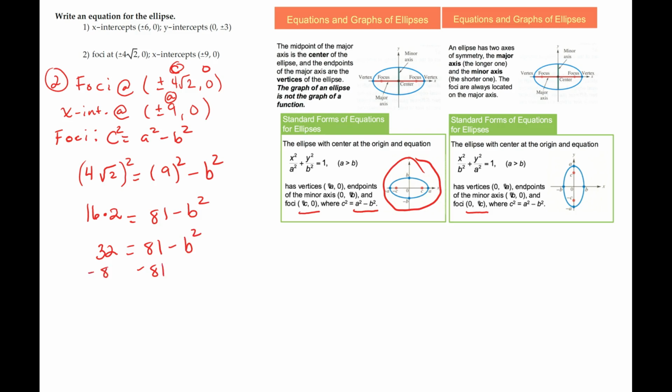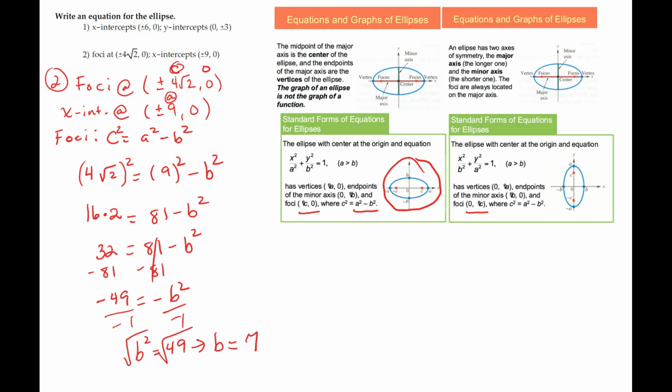Subtract 81 from both sides, and what do we get? We get negative 49 equals negative b squared. And then we divide both sides by negative 1, of course. So b squared equals 49, and in this case, b will equal 7, because all you have to do is take the square root.